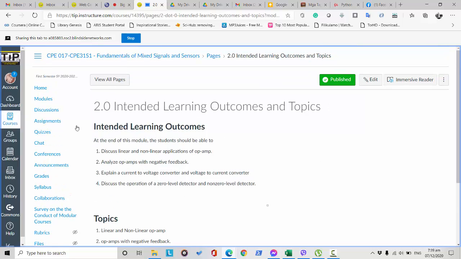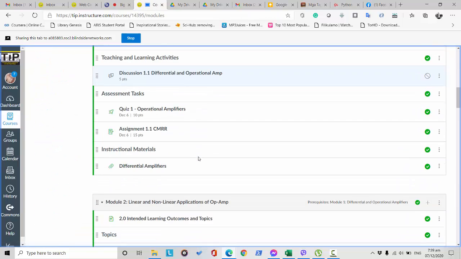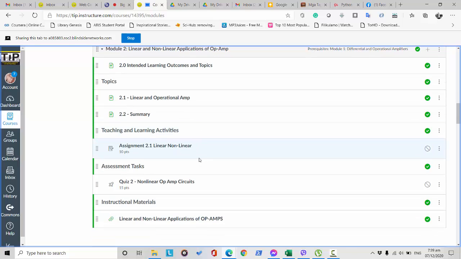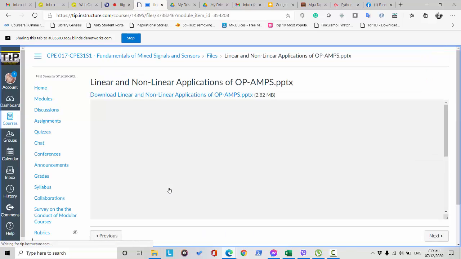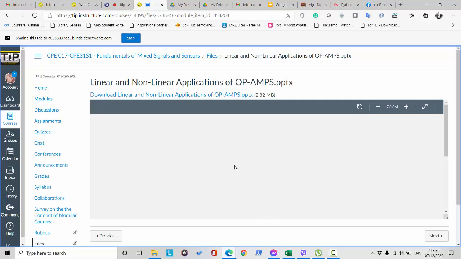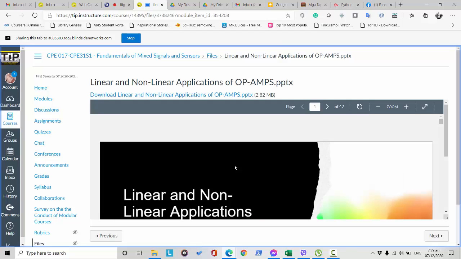Okay, so let's proceed with the PowerPoint presentation. You can find your PowerPoint presentation here in the instructional materials. Let me just open it so that we can start with the operational amplifiers.